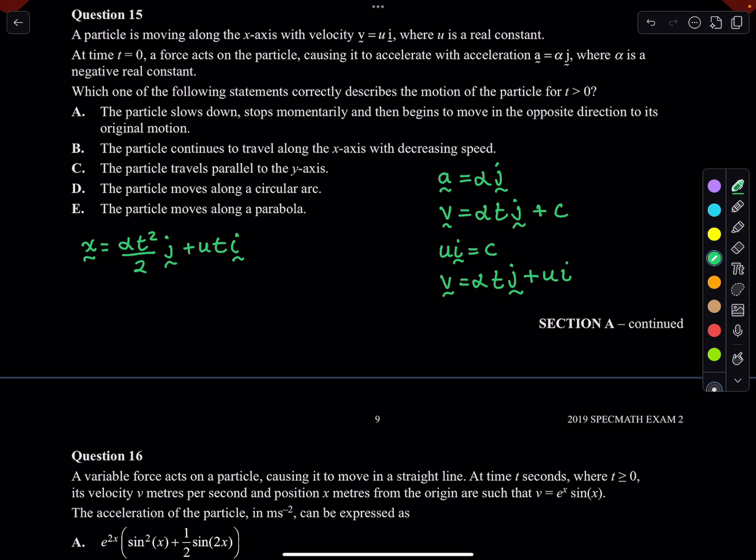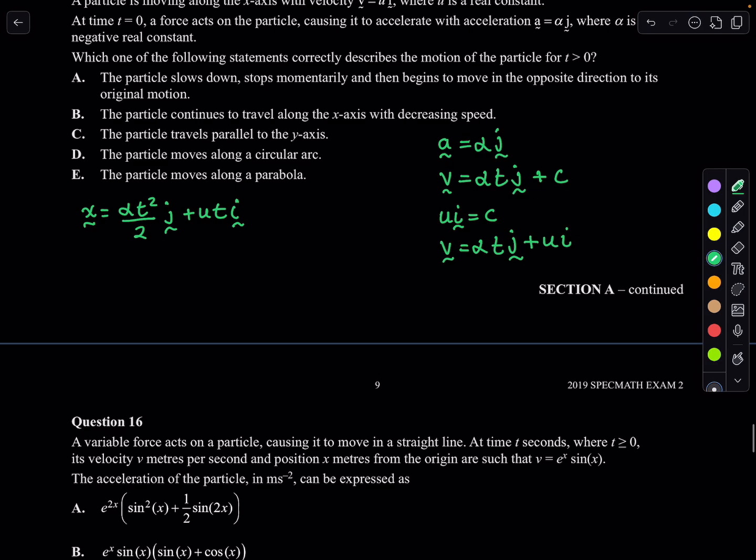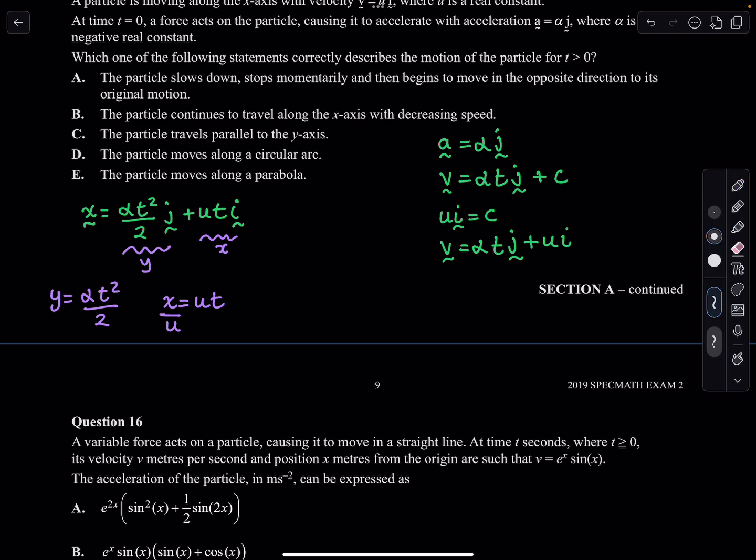And you can actually see what it is. Make the formula. It's easy, because remember the i component is the x component, and the j component is your y component. So think of it like this: your y is equal to alpha t squared on 2, and your x is equal to ut. So divide both sides by u so we can get t.